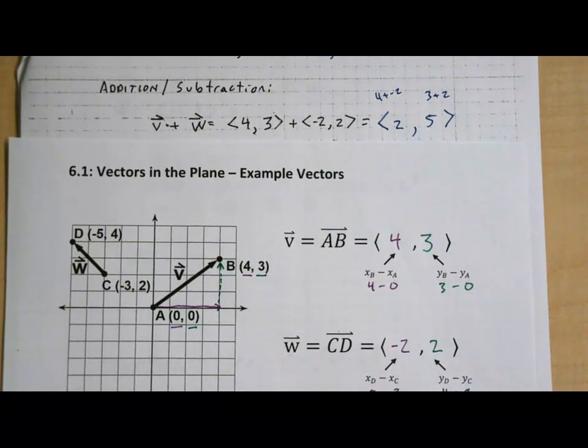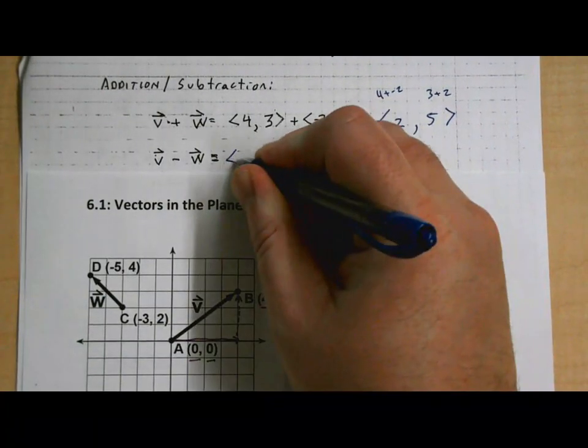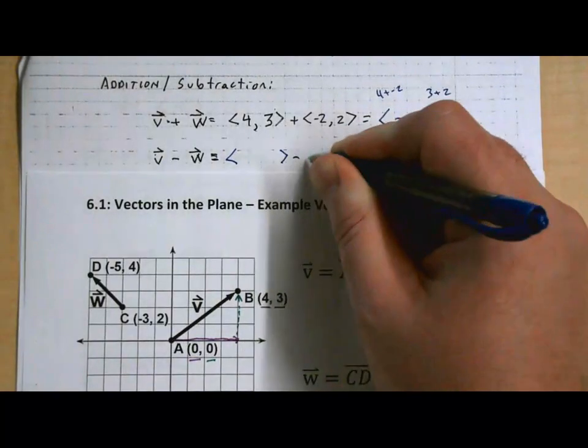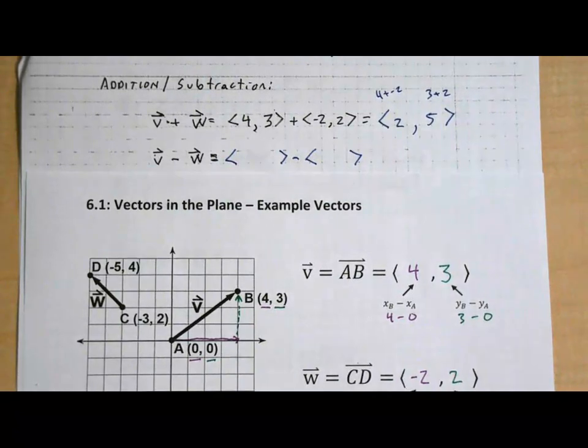All right, we can subtract vectors too. Give this one a try for me. Do vector v minus vector w. If I were doing this in my notes, I would probably go ahead and copy the component forms down again. When it comes to doing this on your assignments, I would recommend that you do that also.